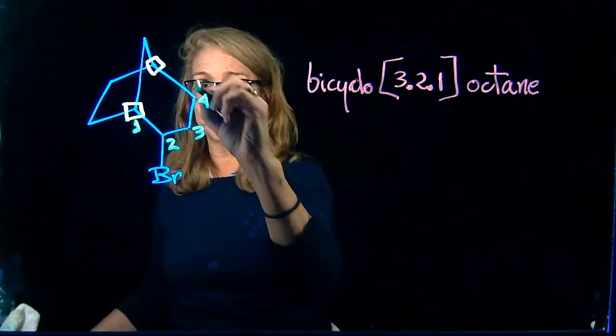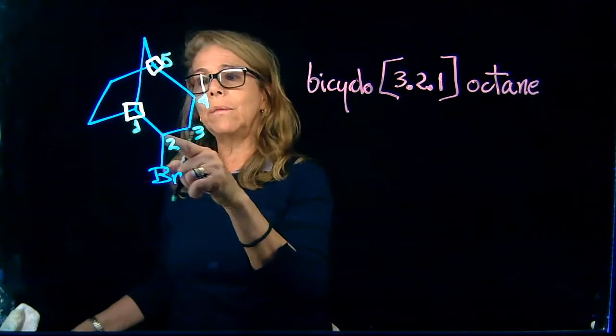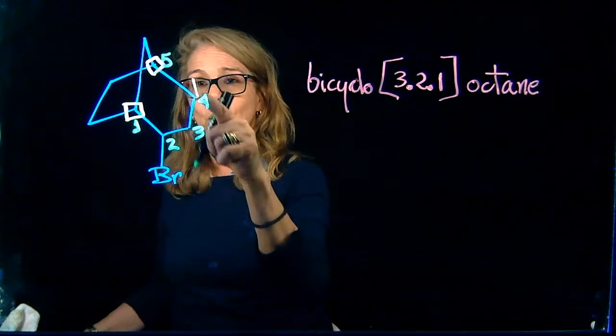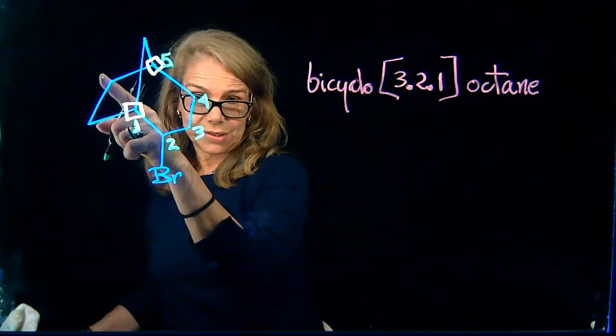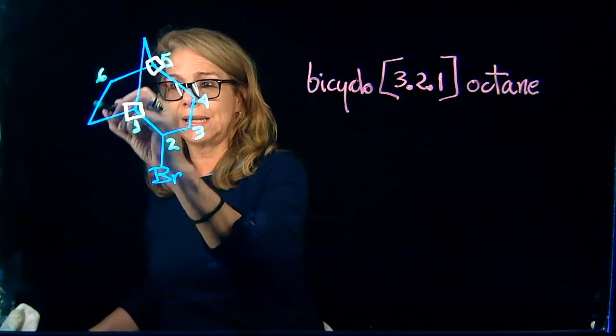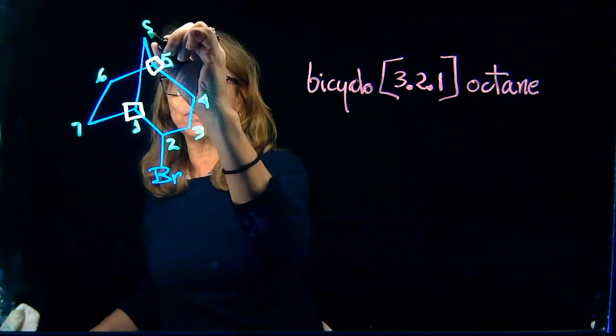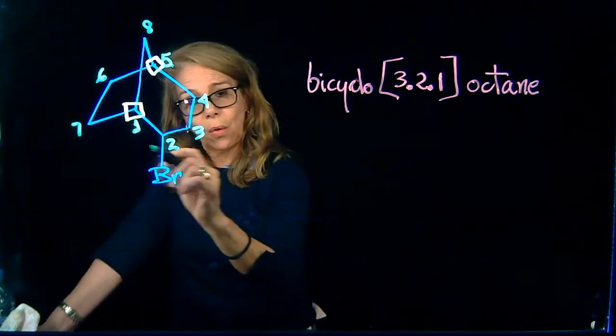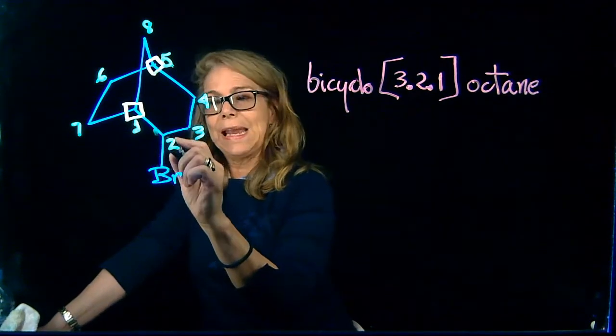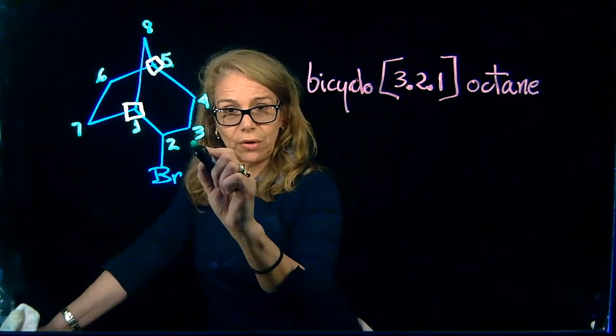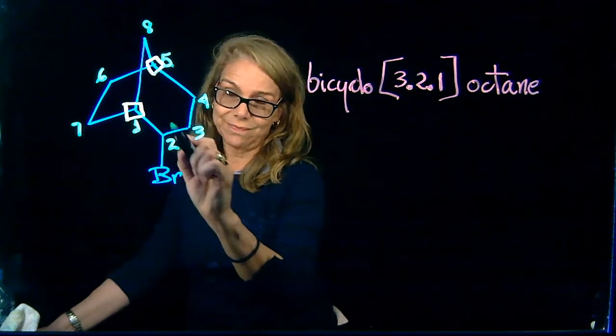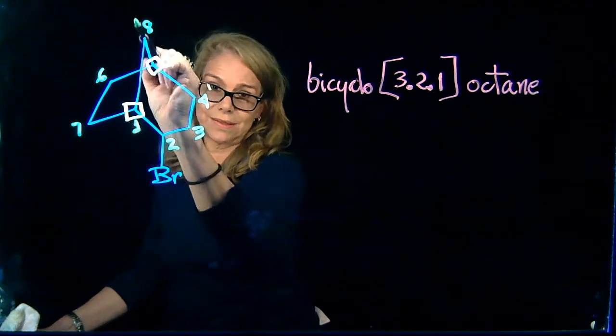That's the largest part. Right? And then we continue 1, 2, 3, 4, 5. Second largest is this one. So we say 6, 7, and that's the smallest. So again, you pick one of the bridgeheads, and then you start numbering going around the largest side, then the second largest, then the smallest.